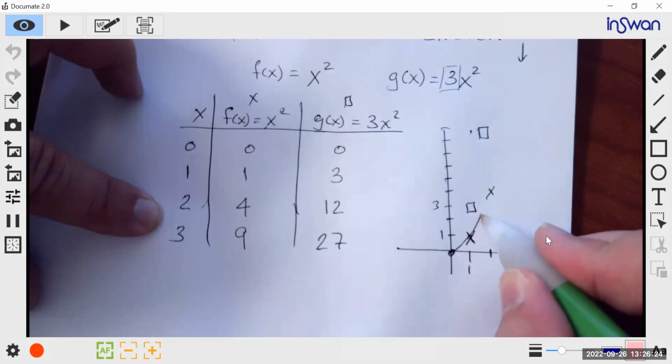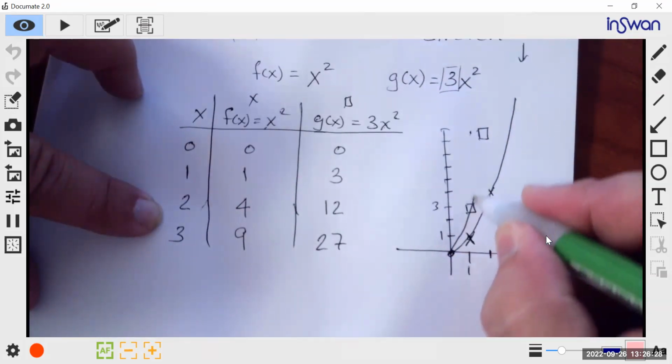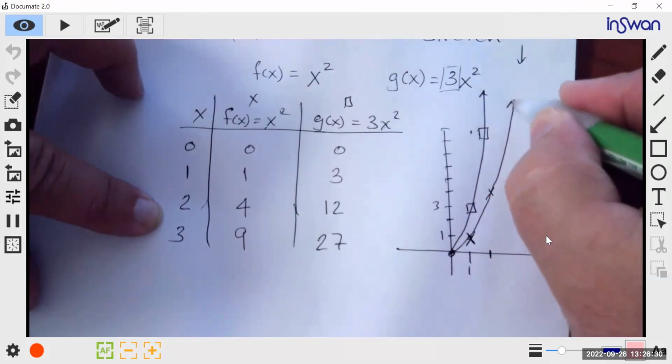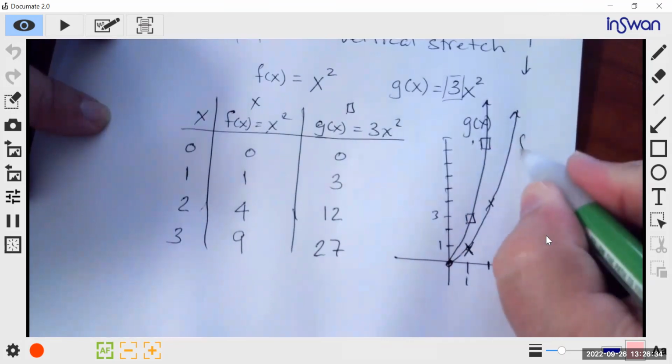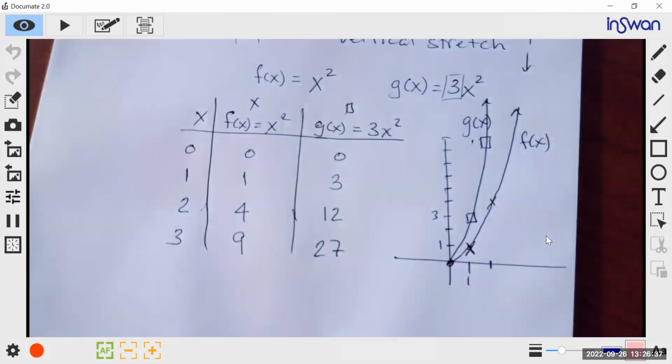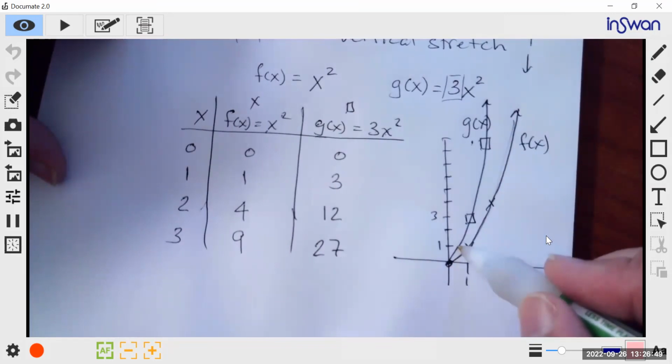Here's the f of x graph. Here's the g of x graph. What do you notice about the two graphs? Yeah, they're both positive, because that's why I put the positive side. We're looking at how fast it's growing. Here's the original graph.